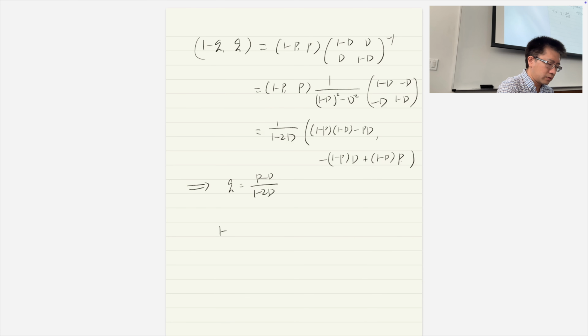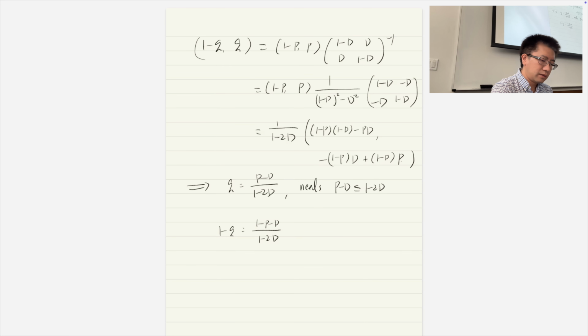And 1 minus q equals 1 minus p minus d over this. Okay, very good. And now we need to make sure one thing, right? This guy has to be less than or equal to 1, and this guy has to be less than or equal to 1, right? So therefore, on the top, it needs p minus d less than or equal to 1 minus 2d, right?